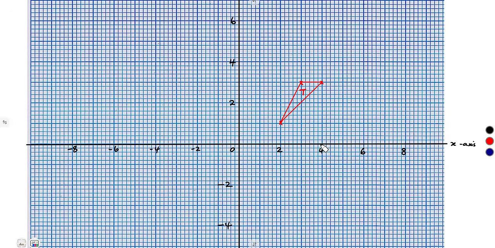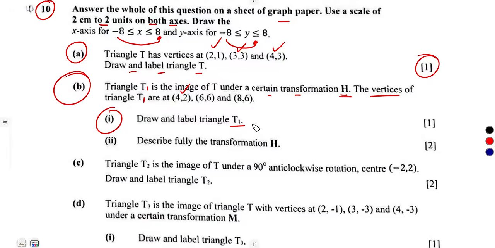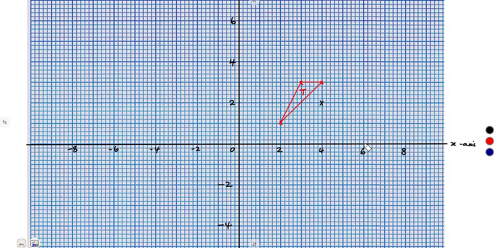This is the point. All right, then another one, (6, 6). We mark the point 6 versus 6, where these two meet.